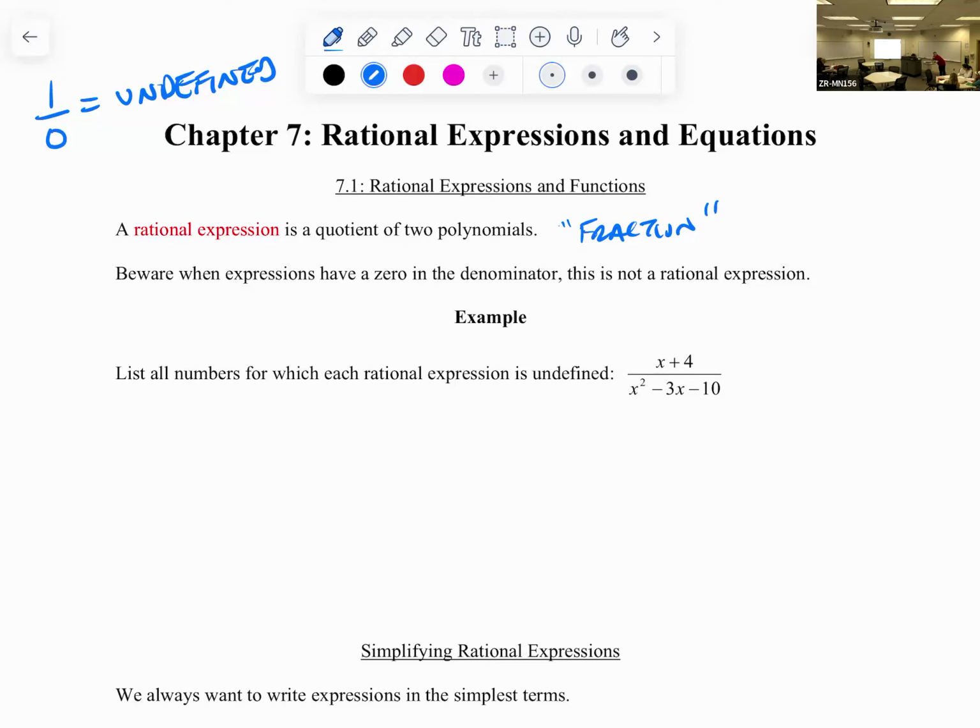Undefined means set the denominator equal to 0, or specifically not equal to 0, because it cannot be 0. That means I take the denominator and set that not equal to 0.